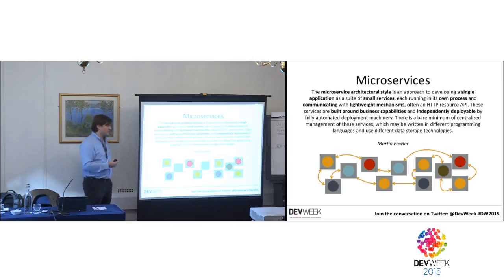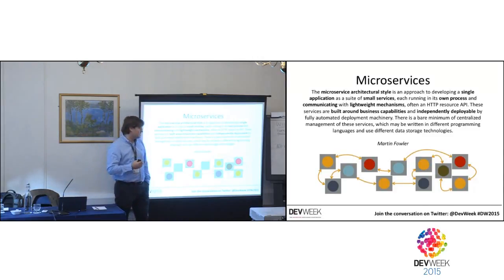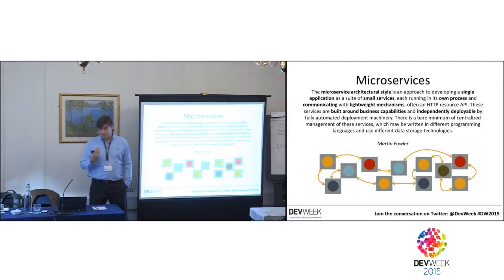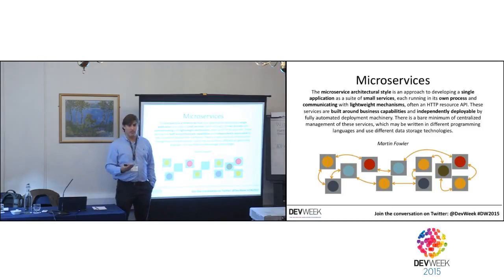Then microservices. Microservices is a little bit of what CQRS uses, and microservices is more than an architectural style because it actually changes the way you organize your teams and everything.